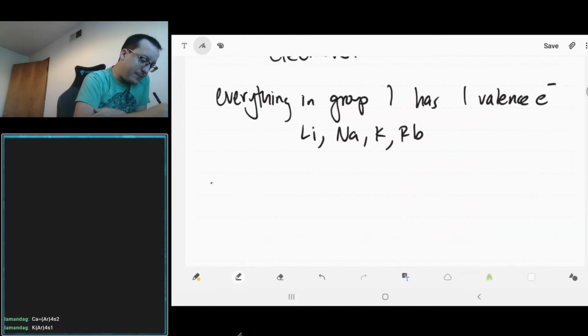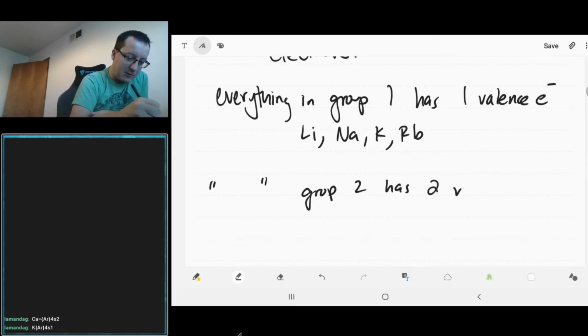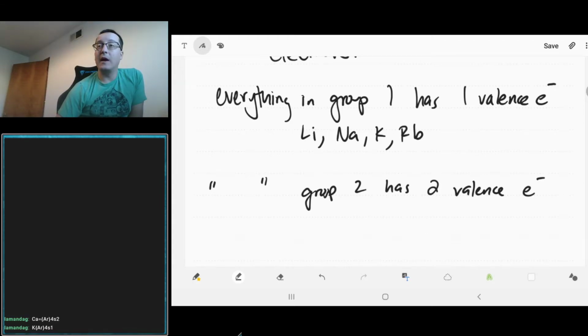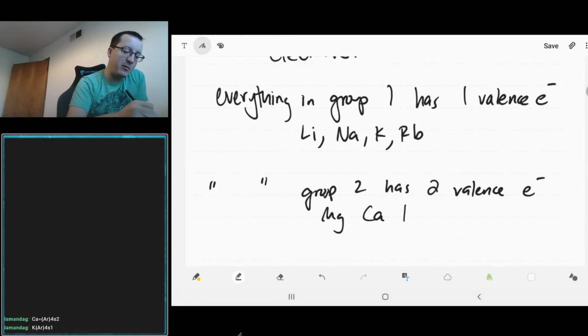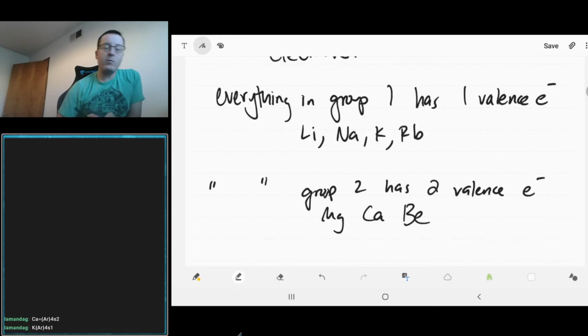Guess what? Everything in group 2 has 2 valence electrons. And that would be something like magnesium or calcium or beryllium. All those guys would have 2 valence electrons.